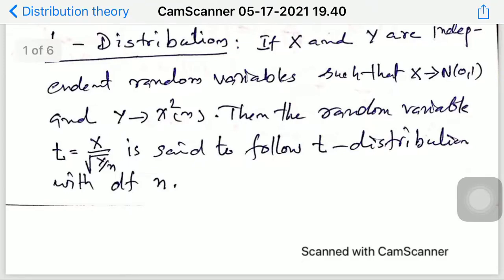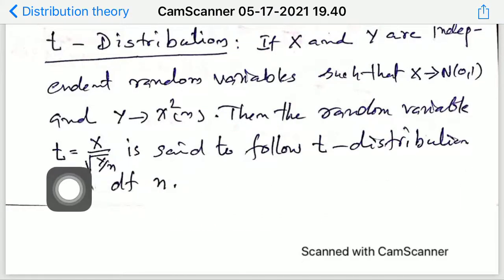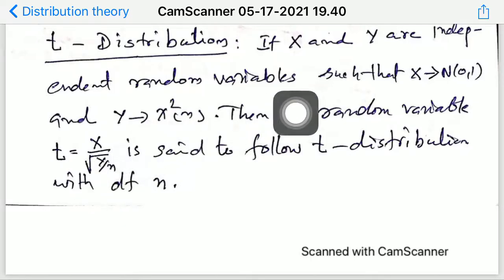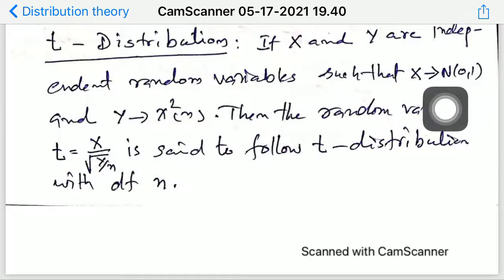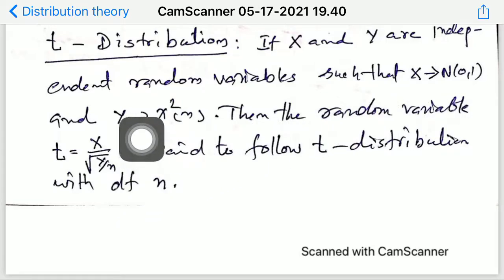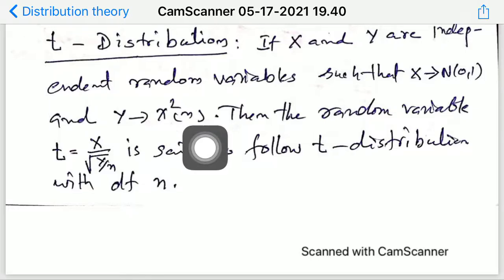Here you define t equal to x divided by root of y by n, where the numerator x follows a standard normal distribution, and y follows a chi-square distribution with n degrees of freedom.